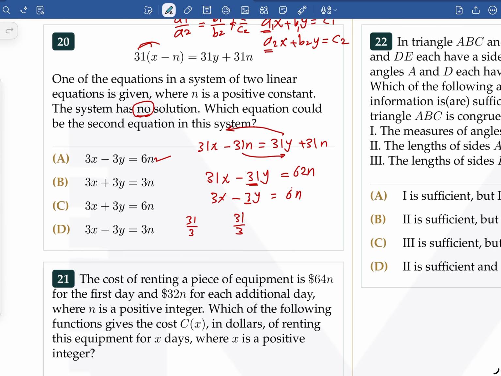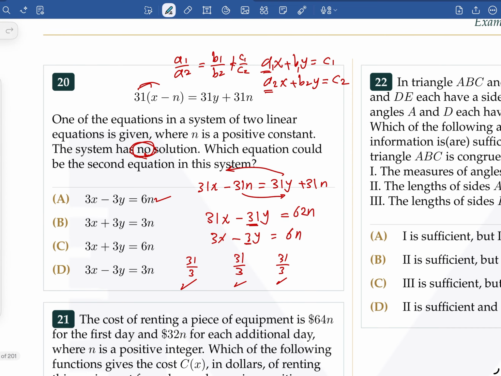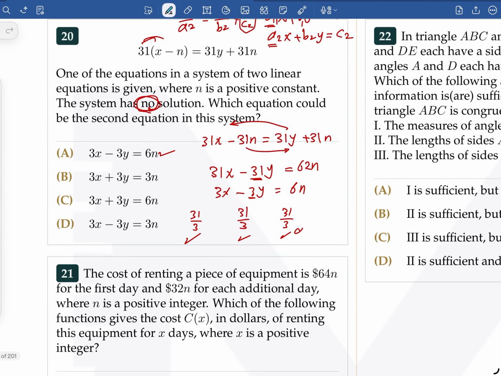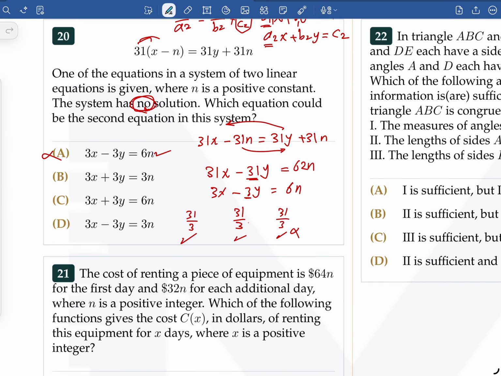And 62n divided by 6n is equal to 31 over 3, and n cancels n. So this is equal to this is equal to this. This is infinitely many solutions, not no solution. As I told you before, c cannot be equal to them. The last one should be different. So A is incorrect.